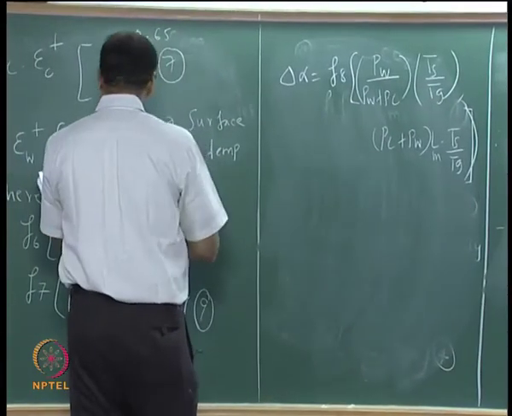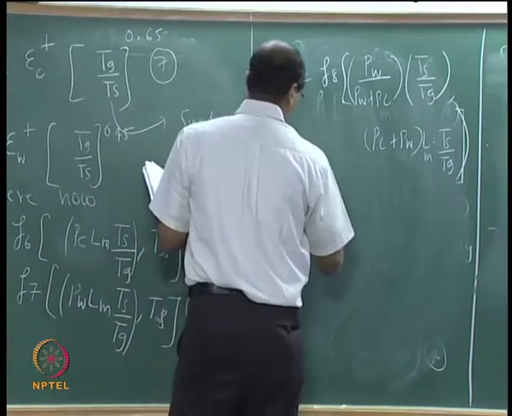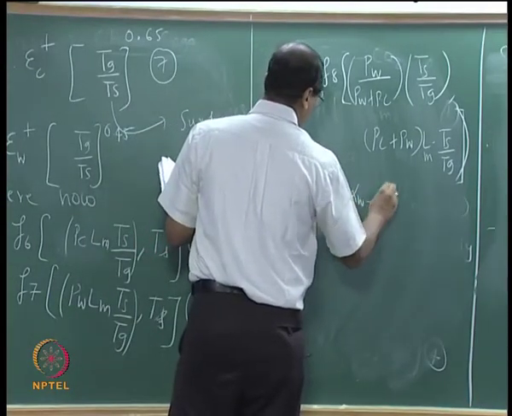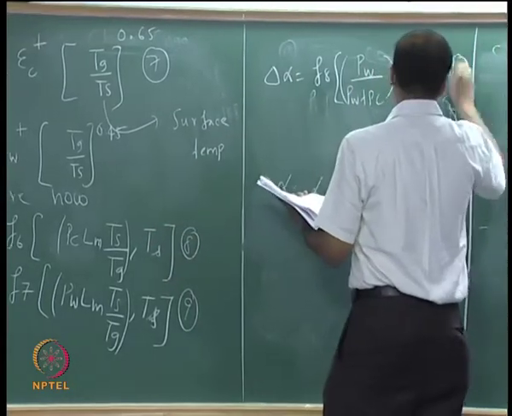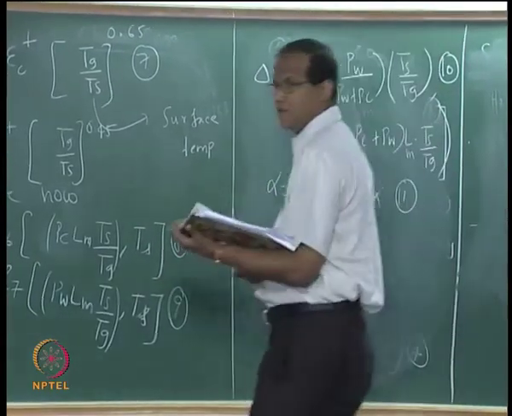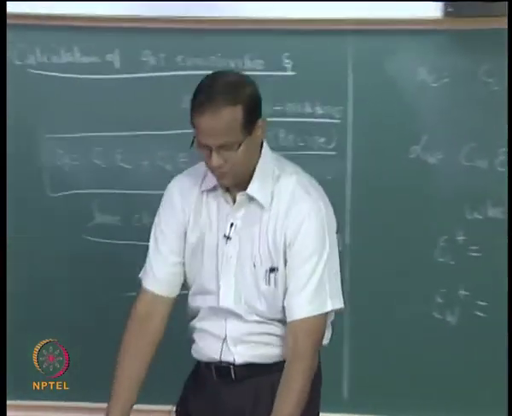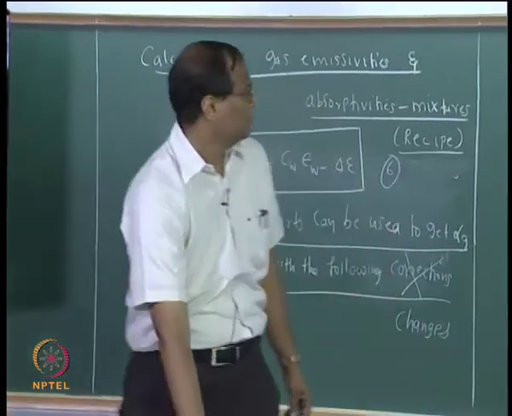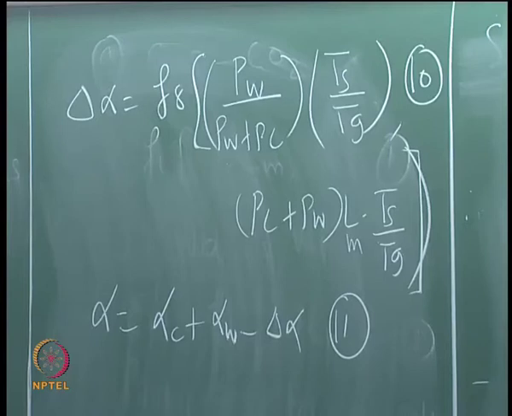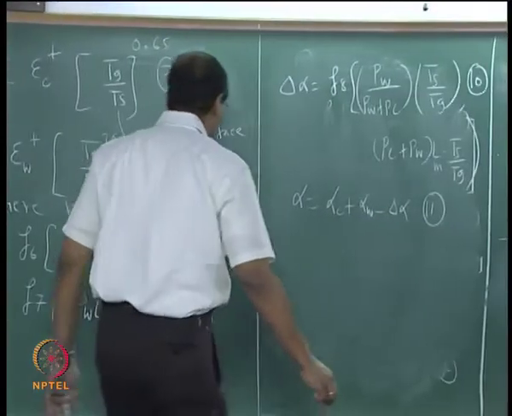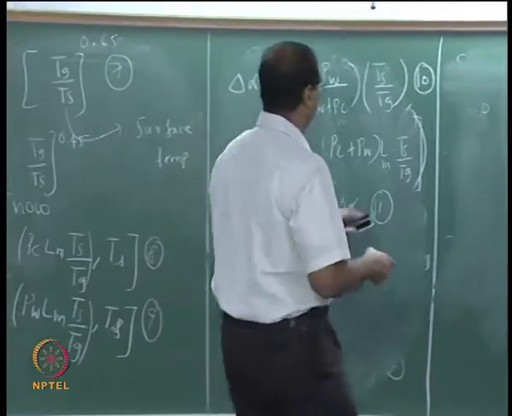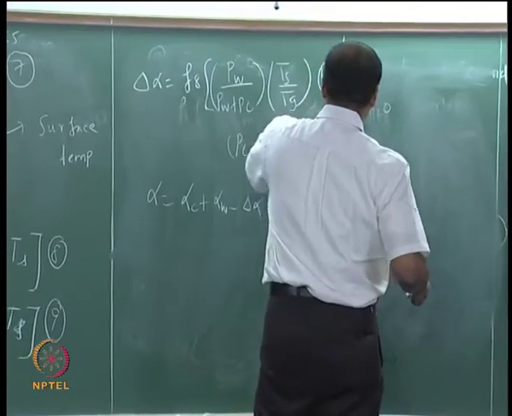Now, which one? Is it there? Yes, Ts is there. The chart has got two, no Tg.